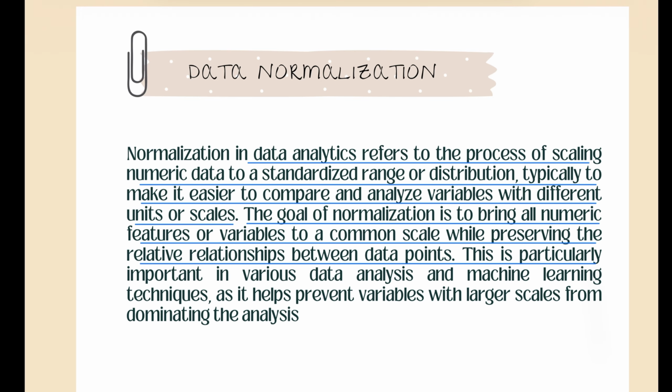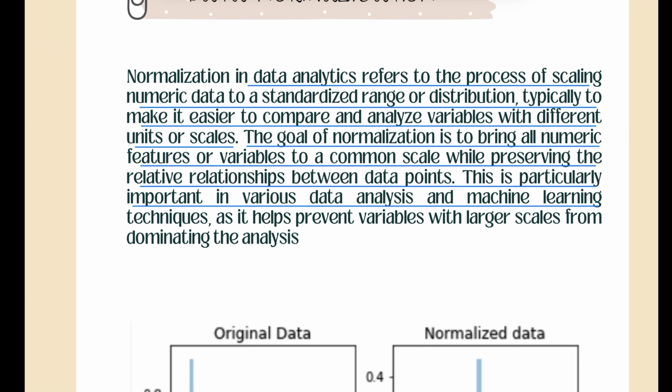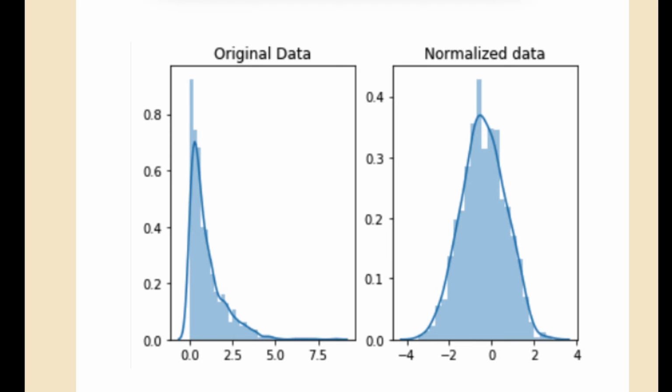This is primarily important in various data analysis and machine learning techniques, and it helps in preventing variables with large scales from dominating the analysis. Okay, this is the original data.